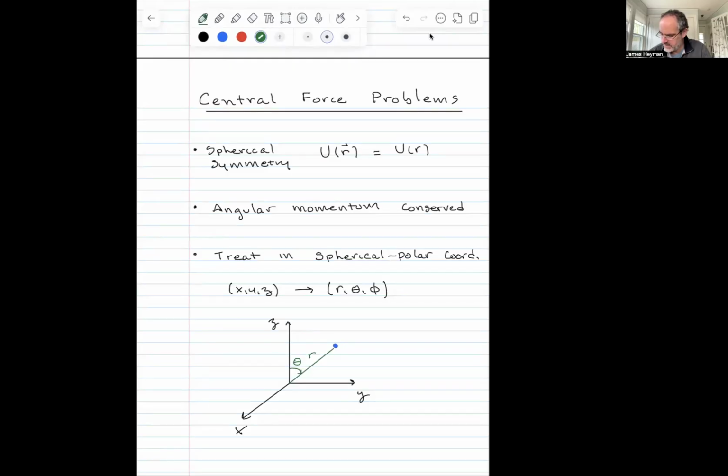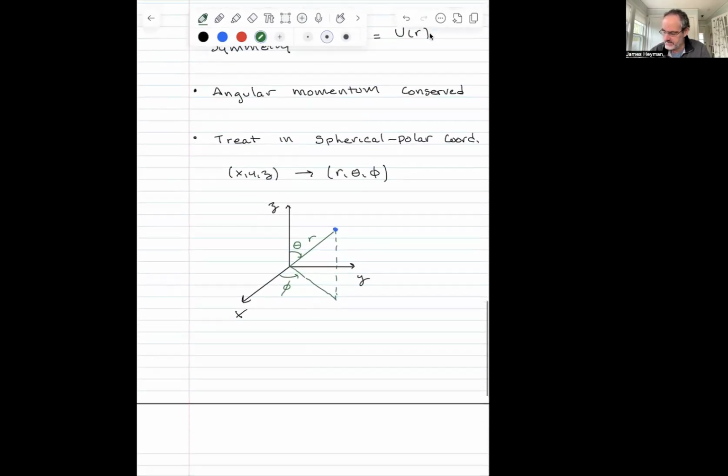And finally, phi is the azimuthal angle, and we can find that by dropping a perpendicular down to the xy plane and drawing a vector out from the origin to the point where this dashed line intersects that plane. And then the angle measured from the x-axis, that's phi. Okay? r, theta, and phi.